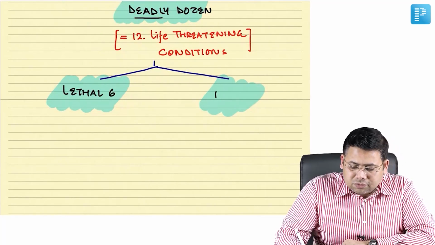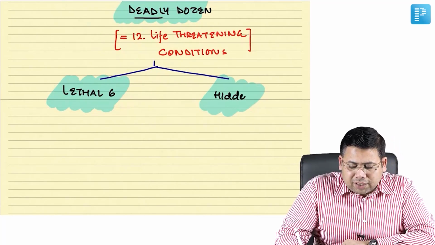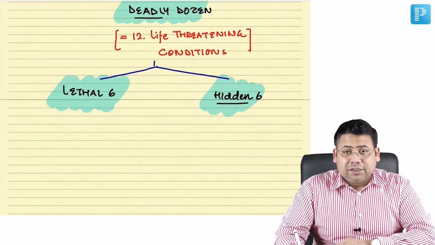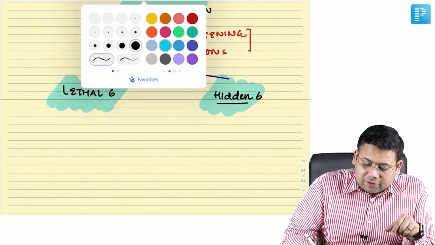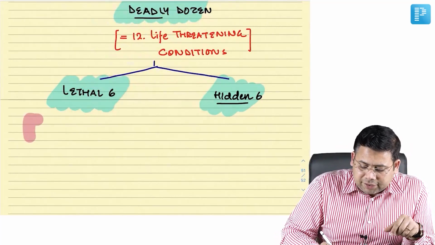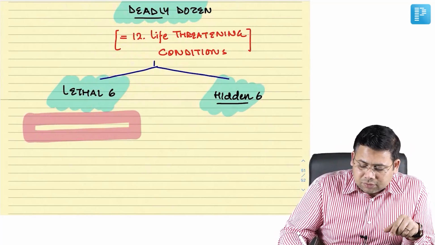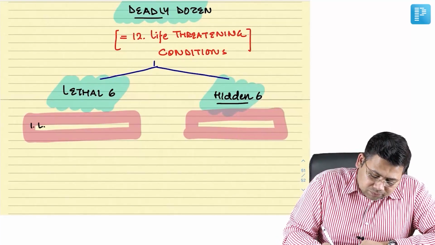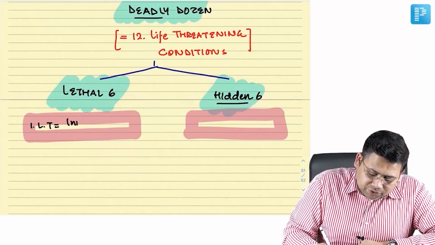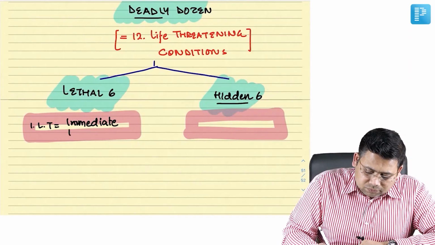The same nomenclature, lethal 6 and hidden 6, in US is known by ILT and PLT. What are they known as? ILT and PLT. What do you mean by ILT? It is immediate life threatening.